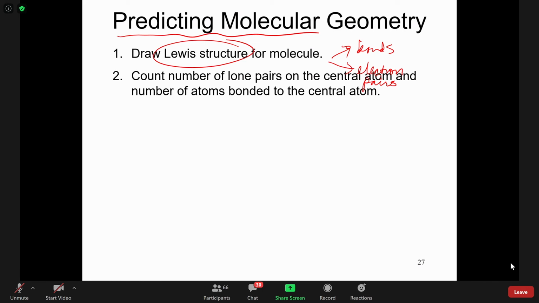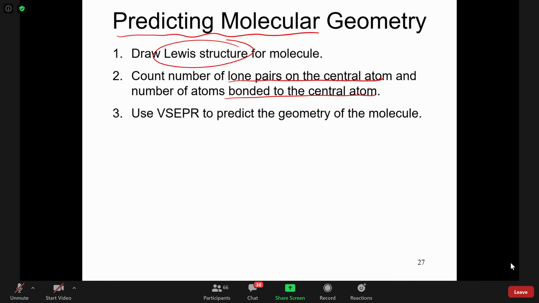So once we have our Lewis structure, we're going to count up the number of lone pairs on the central atom, as well as the number of atoms bonded to the central atom, because that is information we must have. And then we're going to use everything that we just went through about VSEPR to predict the geometry of the molecule.